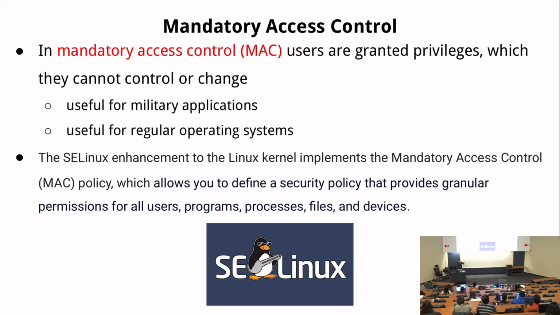Some of the files we say this is top secret, and only people with top secret permissions should be able to read those files. No one else should. And technically, there is no owner of those files. Since there's no owner, no one can change that permission. So this is different from DAC.